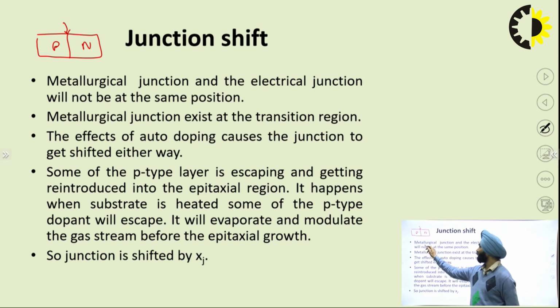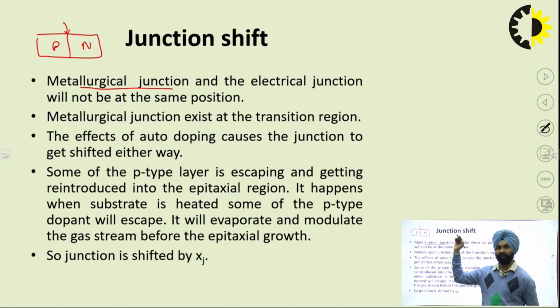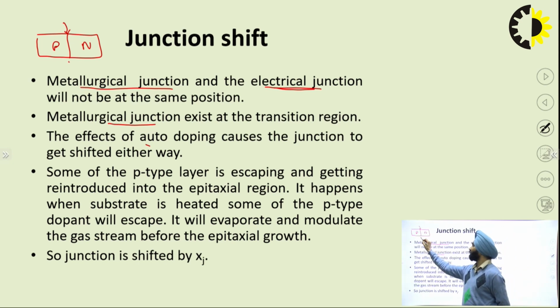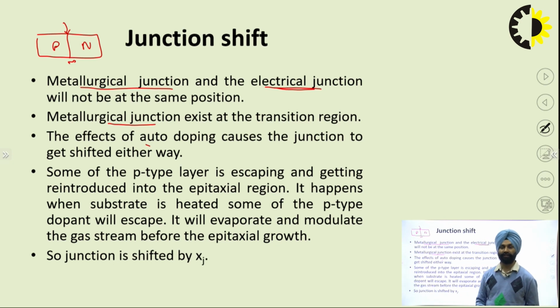So, the metallurgical junction that we drew over here and the electrical junction are not at the same position. The metallurgical junction, which is the physical junction between the two, is in the transition region of the electrical junction.